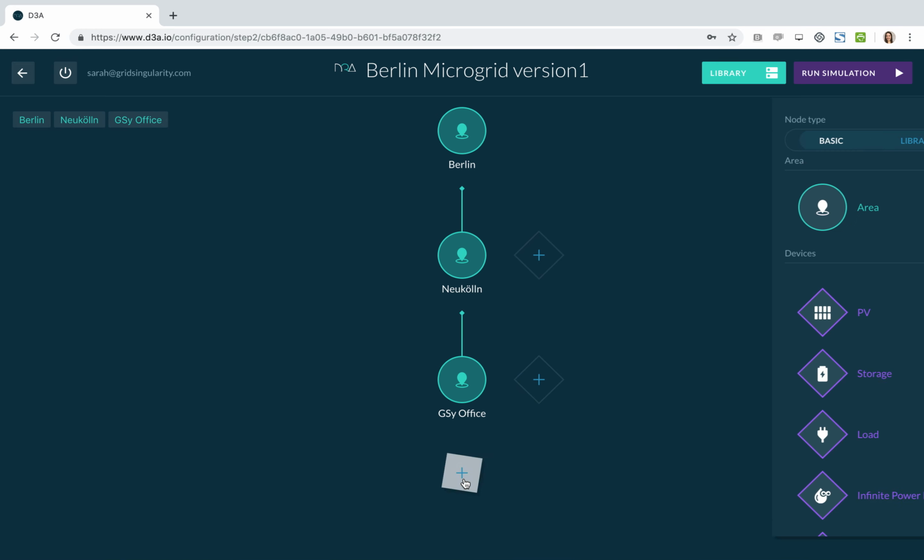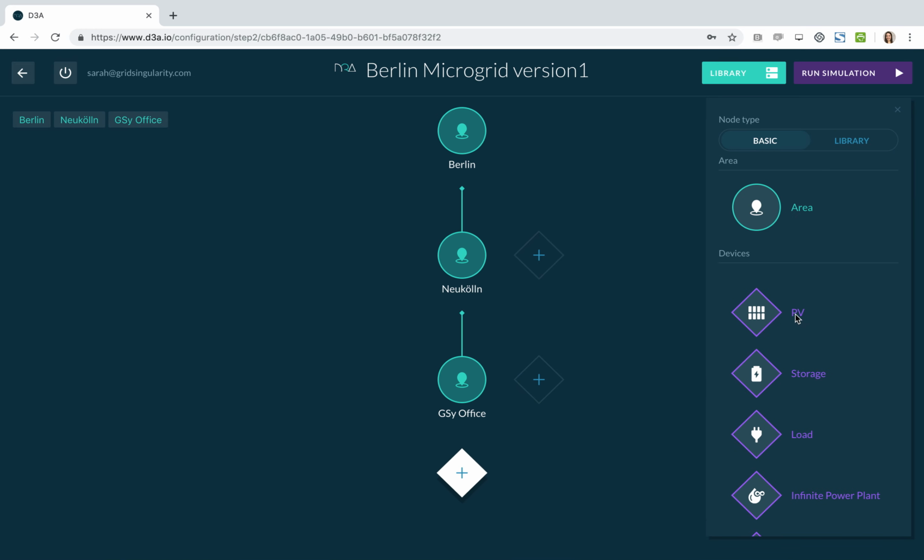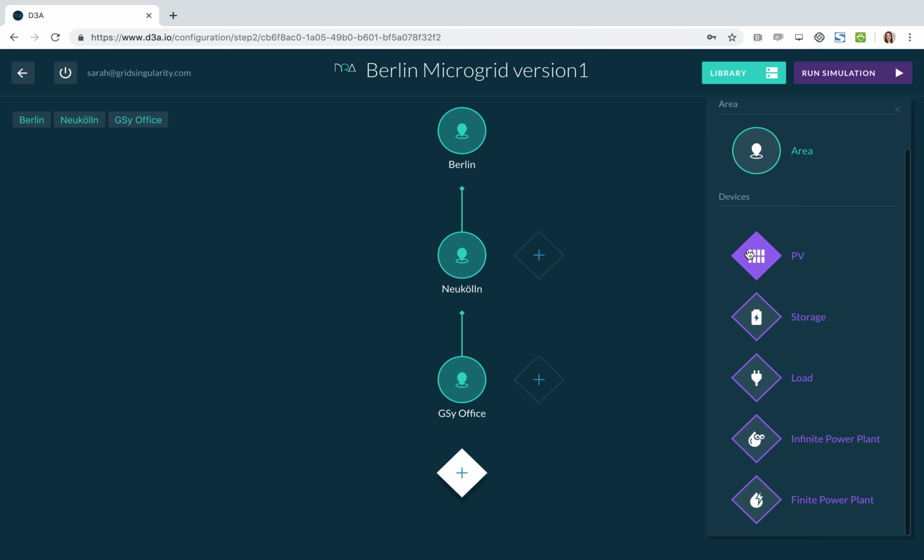And inside these areas, I can also start to add devices. So all of these purple diamonds are different devices that can consume or produce energy, or both, and those can be added to these different areas. So the devices that I add here, they will trade with each other inside the Grid Singularity office market, and then any power that is not able to be consumed or produced, those offers will be forwarded into the upper markets.